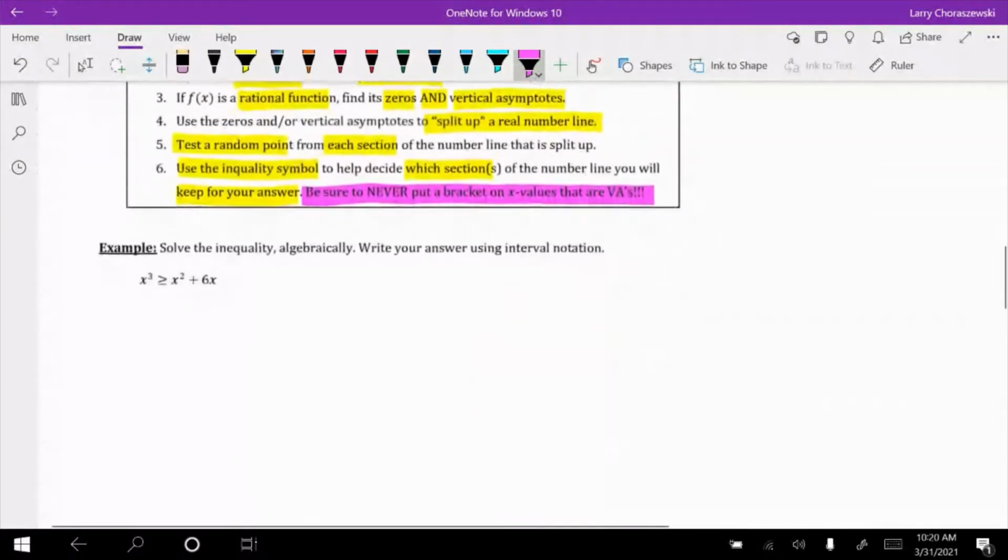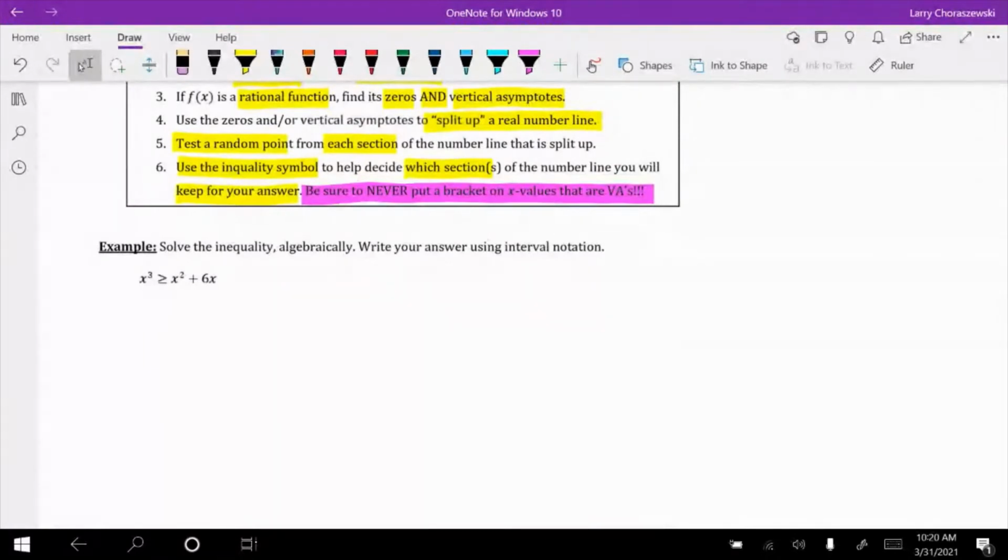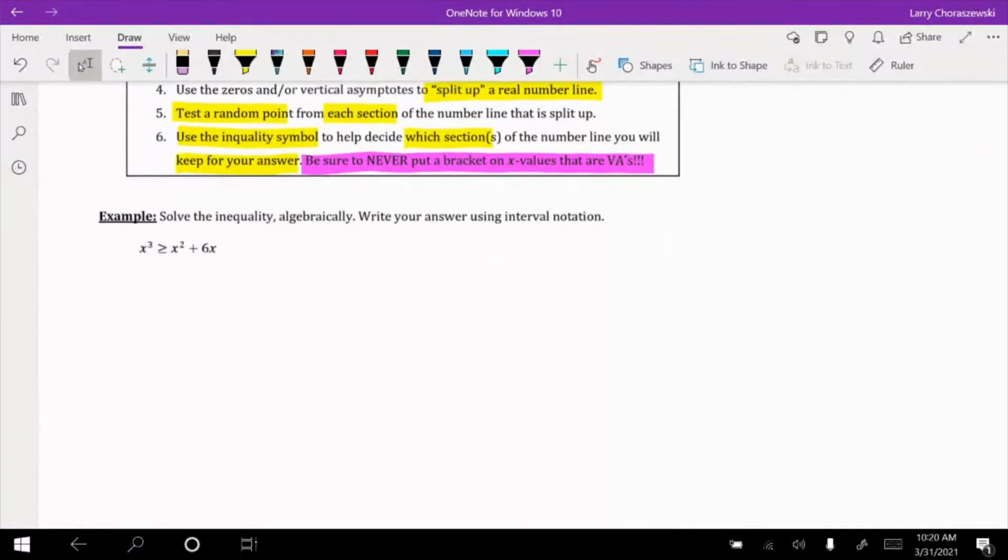So let's go ahead and see what this is all about with an example. We're going to solve this inequality algebraically, and as you'll see, we'll have to express our answer in interval notation. The first step is to make sure that one side of the inequality is 0. The side that I normally make 0 is the side with the smaller power of x.